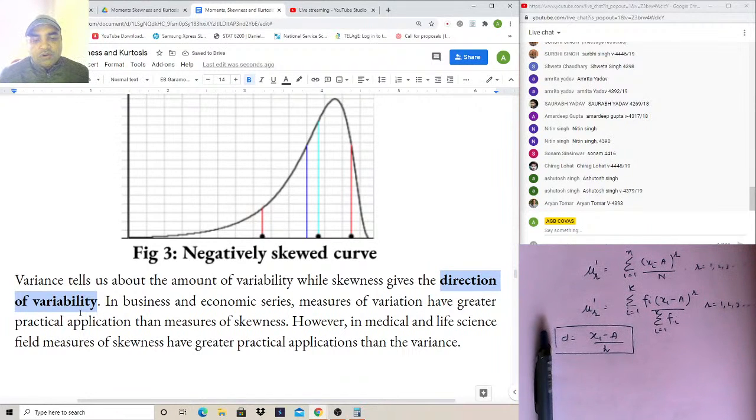In business and economics, measures of variation have greater practical application, whereas the measure of skewness does not have that much application. However, in medical and life sciences, the measure of skewness has greater practical implication than variance. We know that variation is there, but we want to know in which direction the variability is more. There comes the role of skewness.